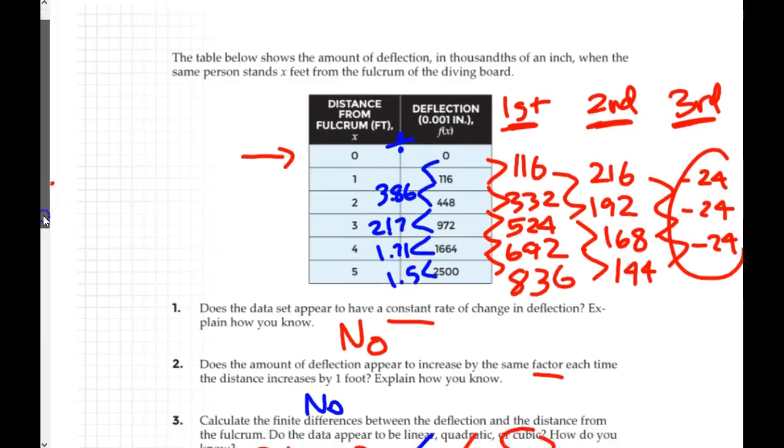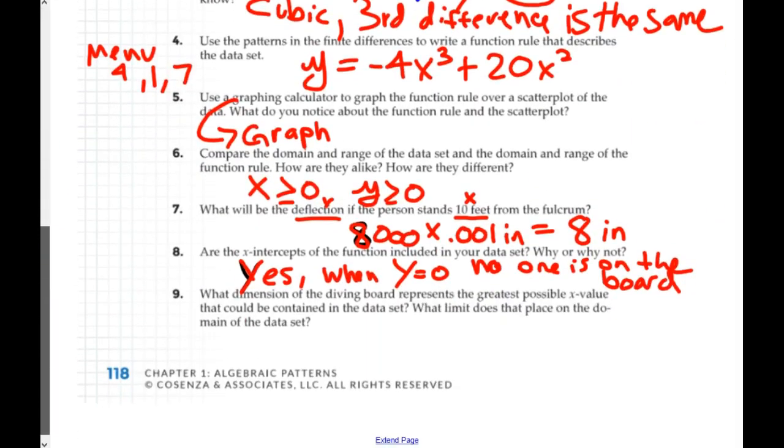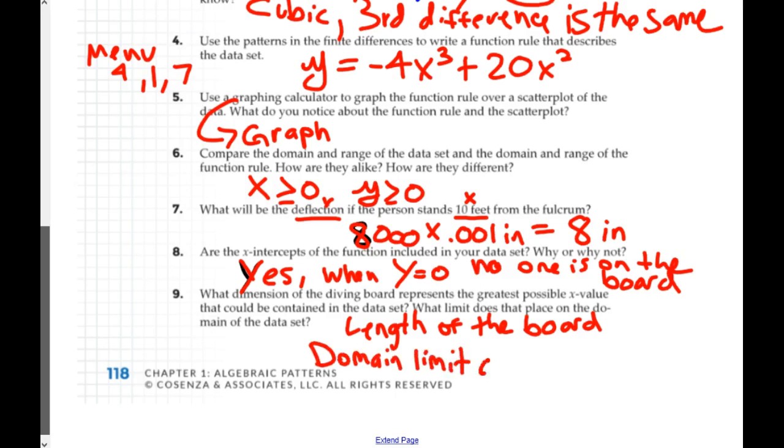Theoretically, the length of the board is going to limit my domain. The domain limit depends on the length of the board.